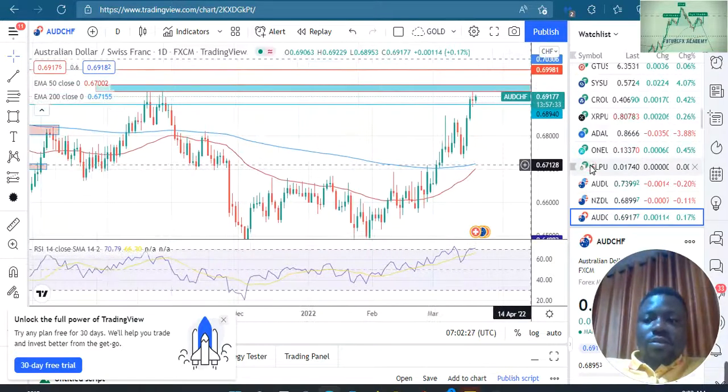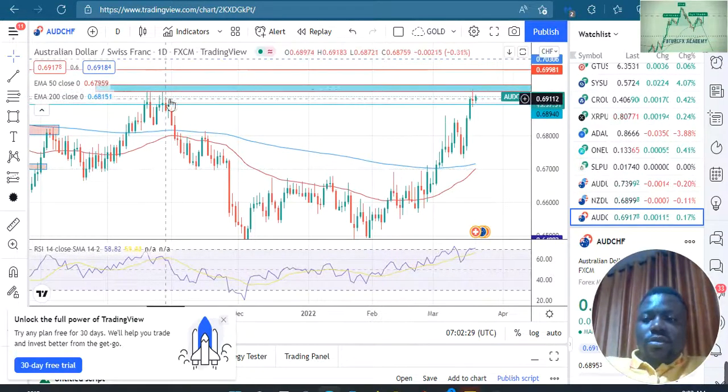You can see the resistance here and the resistance here. So without anybody telling you, this already shows that there is possible market reversal here.